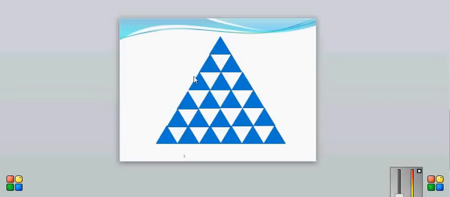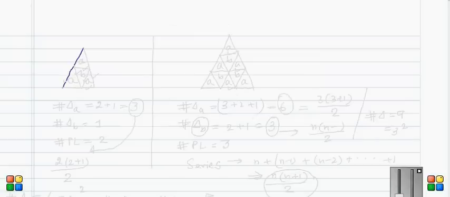Now let's look at how to solve this problem. This is a very interesting problem. Let's start with a very small triangle and just have one line parallel to one side, another parallel to the other side, and the third line. Now let's mark the triangles with different letters.